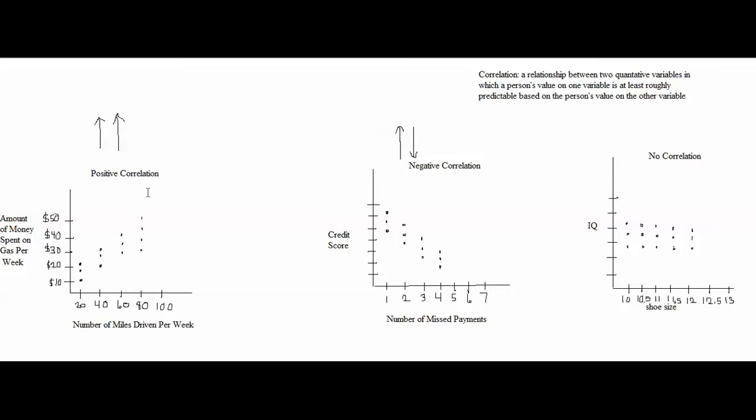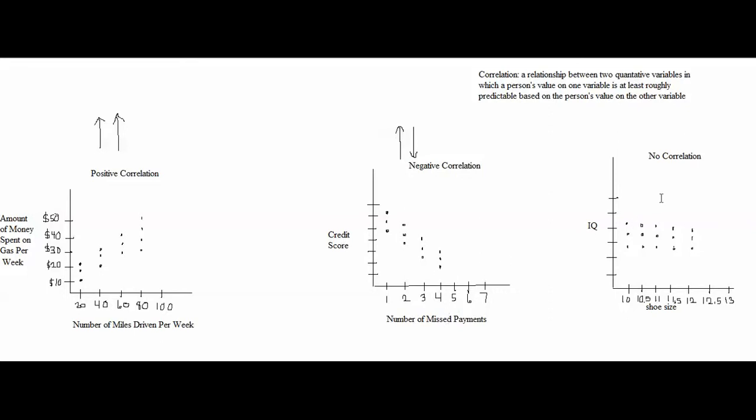So if 2 variables are correlated, either with a positive correlation or a negative correlation, then a person's score on one variable is at least roughly predictable based on the person's score on the other variable.